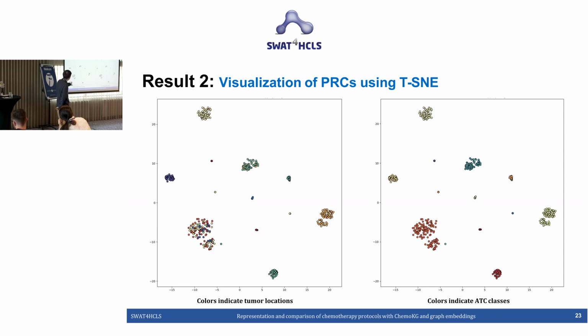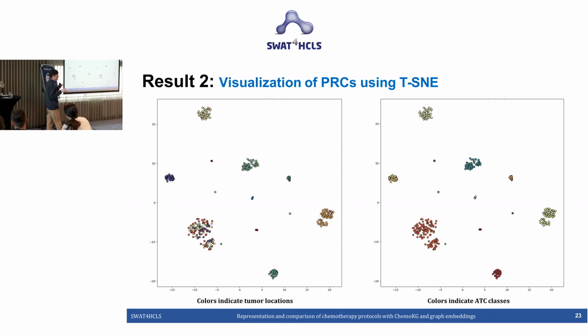And for the tumor locations, there are some parts where some colors are mixed, and it turns out that there are some protocols that are similar but used for different tumor locations. So I dug into these PRCs a little bit, and there's an example of one protocol used for breast cancer, and another protocol used for musculoskeletal or something like that.